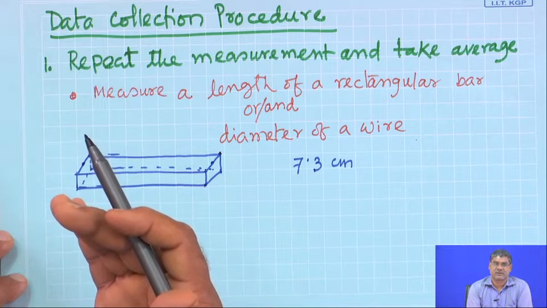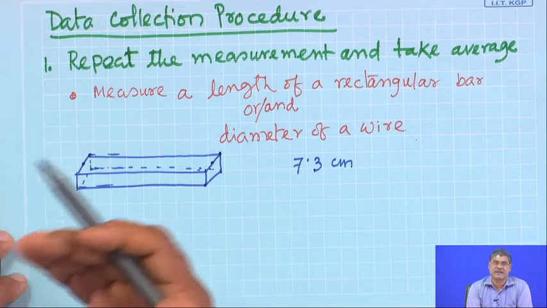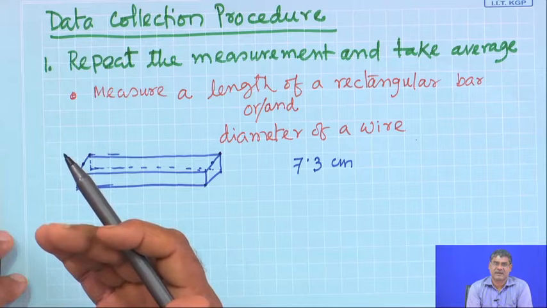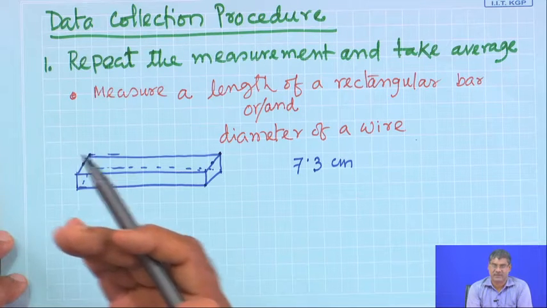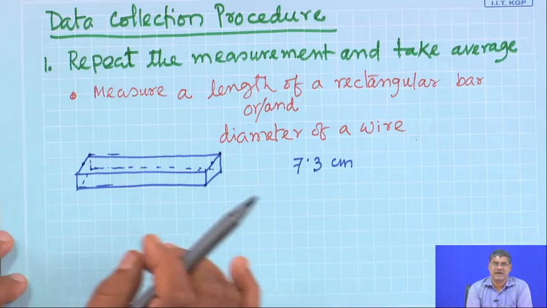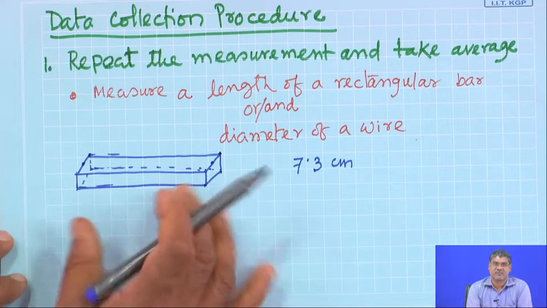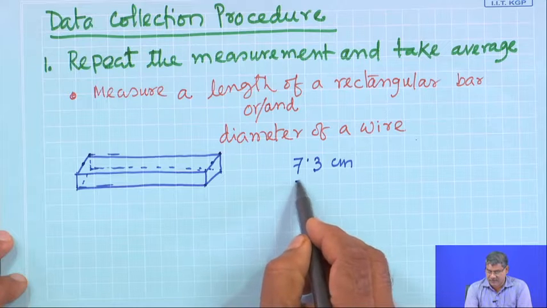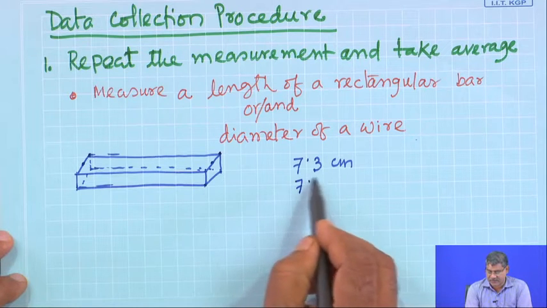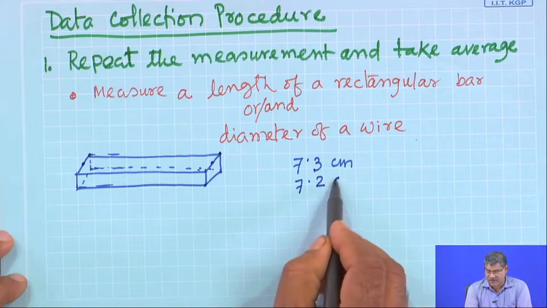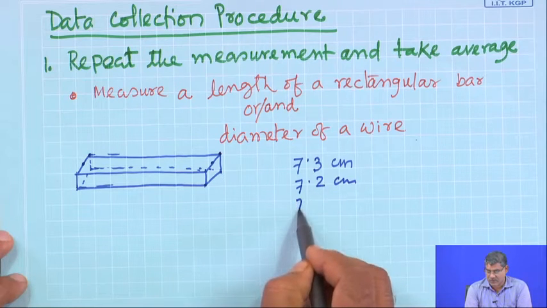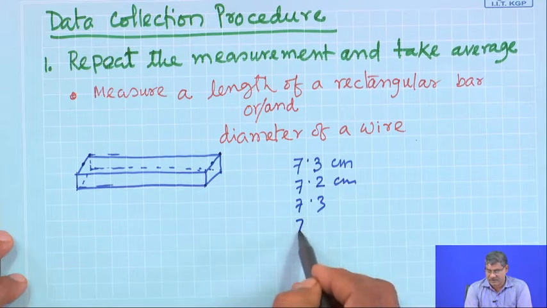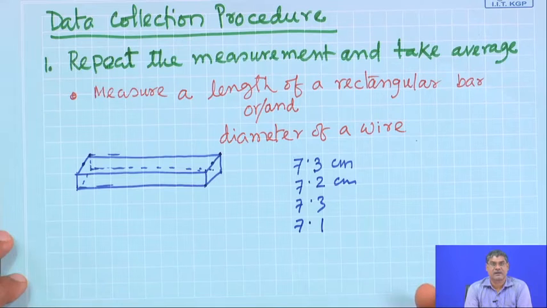So that we are repeating the measurement and taking the average, so that we can minimize the error due to the imperfection of this bar. Then you are taking readings along the different edges, say 7.2, 7.3, 7.1.